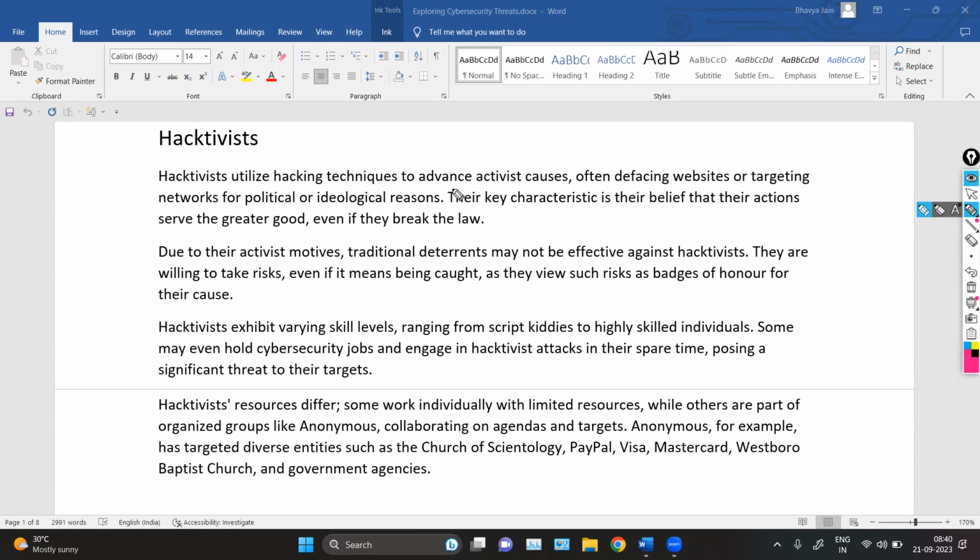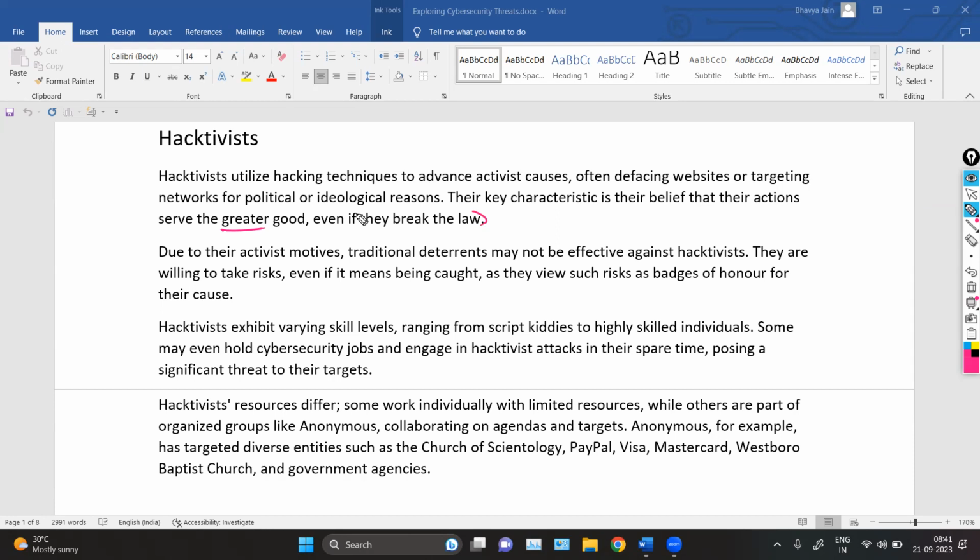Their key characteristic is their belief that their actions serve the greater good, even if they break the law. This is the mindset of the hacktivist. They think that whatever they are doing is for good, even if they are breaking the law.